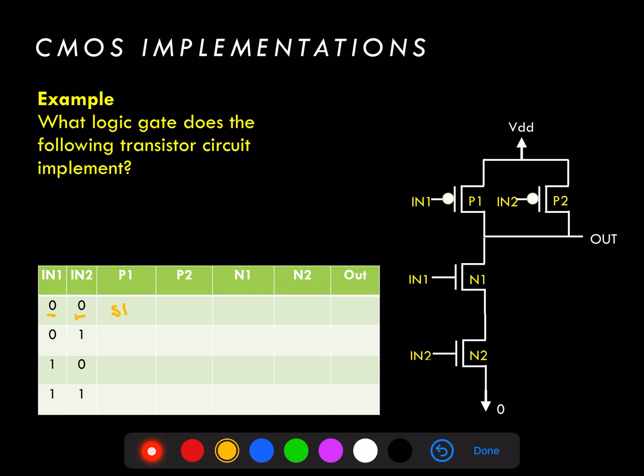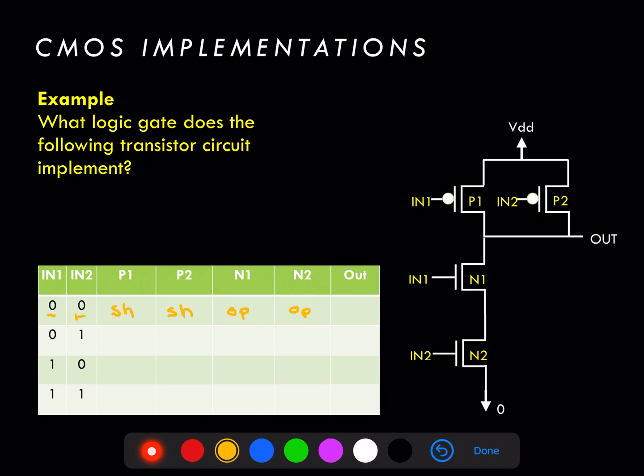So here we'll have a short circuit for P1, a short circuit for P2. In contrast, when the inputs 0 and 0 go into the NMOS transistors labeled N1 and N2, then we model the resulting transistor as an open circuit.